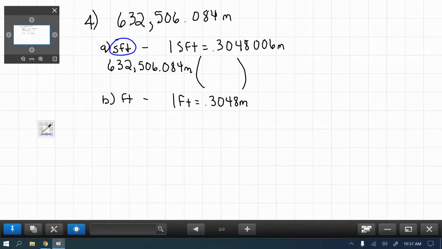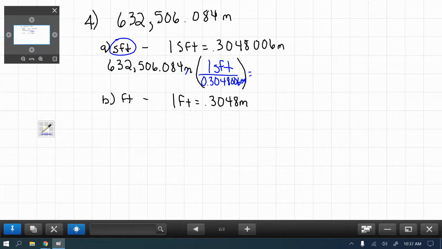So my survey feet needs to be on top. And the meters need to be on the bottom. So what you're solving for when you do 1 foot equals so-and-so, because our meters are canceling, you'll be left with survey feet.